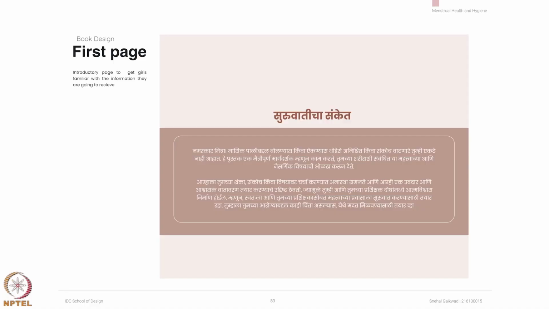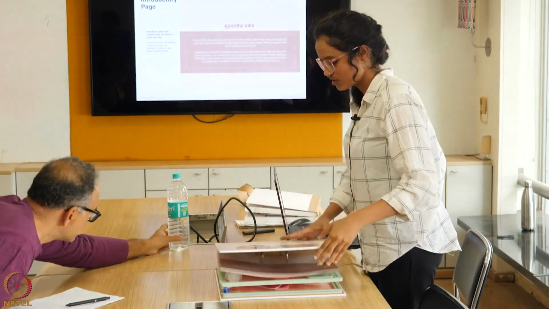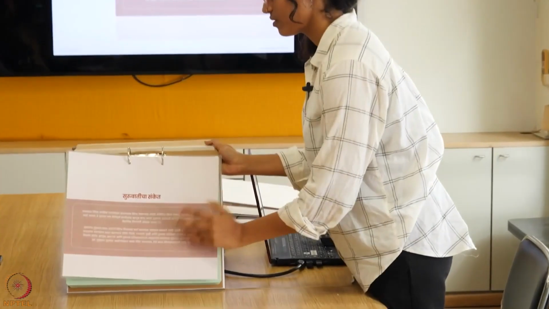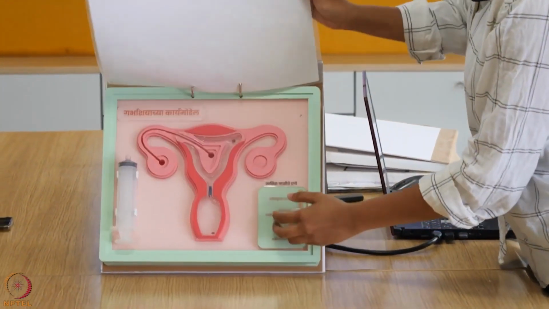So I gave an introductory paragraph that explains that this is a new thing for you and you don't need to be hesitant. So the instructor who is explaining will also get a head start to talk about this. So it will open. This is the introductory paragraph.